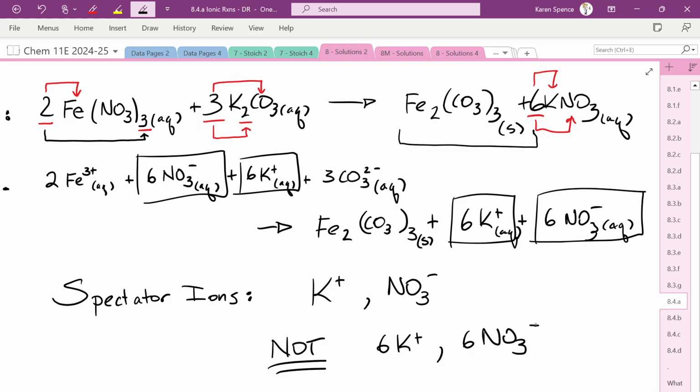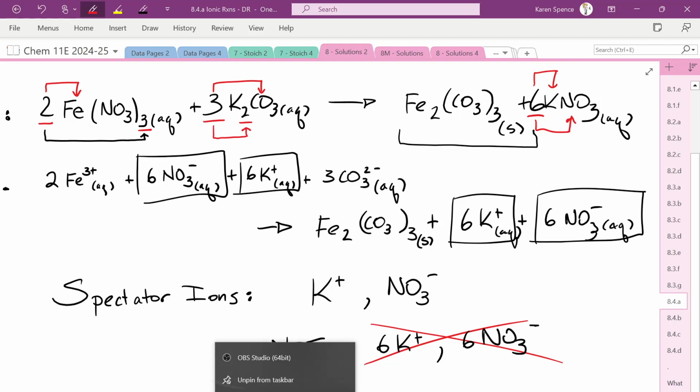Coefficients. If I'm identifying spectator ions and I say 6 Ks, that means only 6 of the Ks in the entire reaction are spectators. Is that what I want to say? No. So we do not want any coefficients.